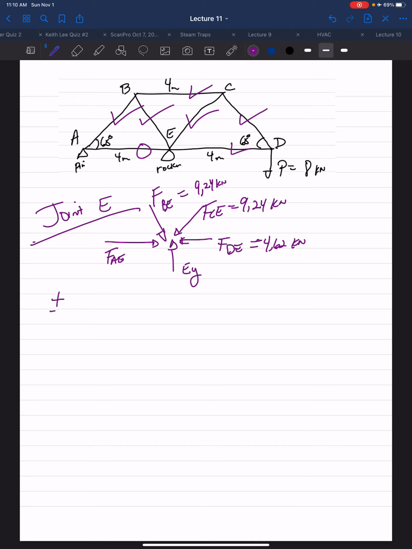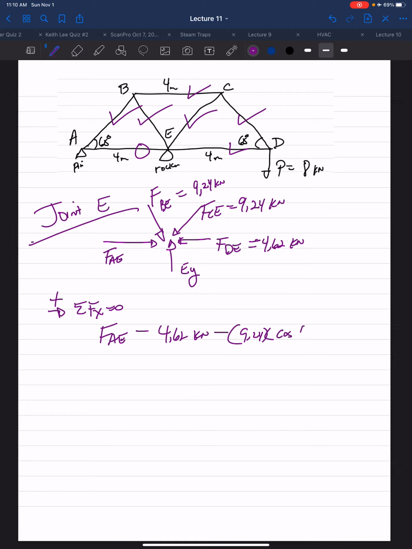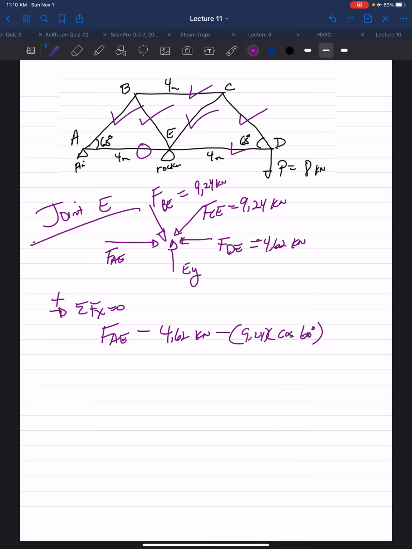So if I take the sum of our forces in the x direction equals 0, you have your FAE minus your FDE, which is the 4.62 kilonewtons, minus your FCE, which is your 9.24, but we need cosine of that 60-degree angle, plus your FBE, which is your 9.24 kilonewtons, once again, times cosine of 60 degrees, equals 0.